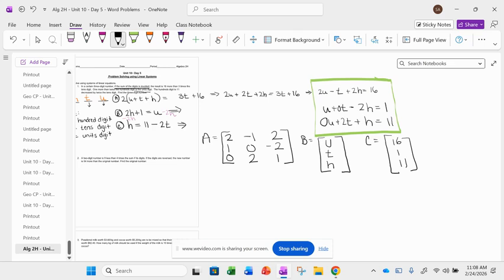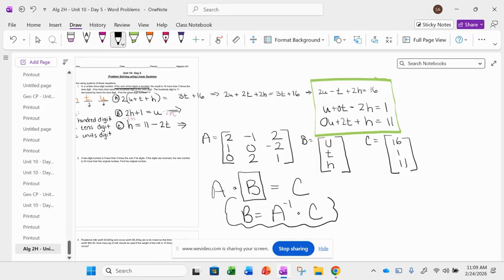Thank you for that catch. That would have messed us up completely. We good so far? Now remember, it's going to be A times B equals C, and we need to solve for B. So B will equal the inverse of A times C.